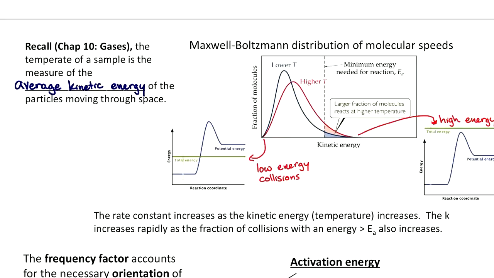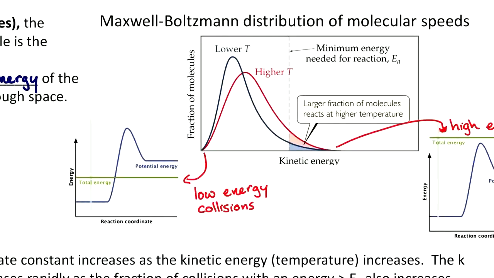If we look at this graph of molecular speeds, here we have some particles that have low kinetic energy. They're not moving super fast. So when we think about collisions between slow particles, these particles do not have enough energy and don't make collisions that have enough energy to overcome the activation barrier, this hill, to do a chemical reaction.